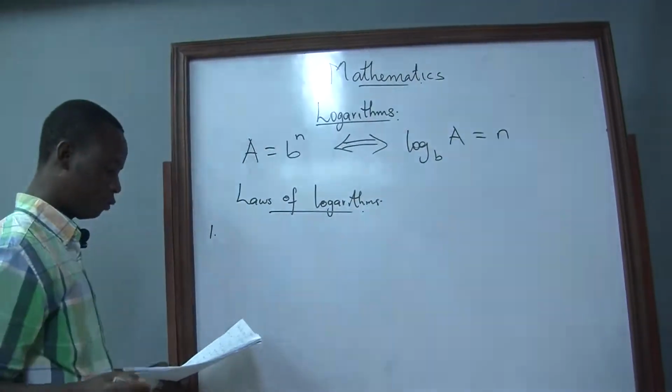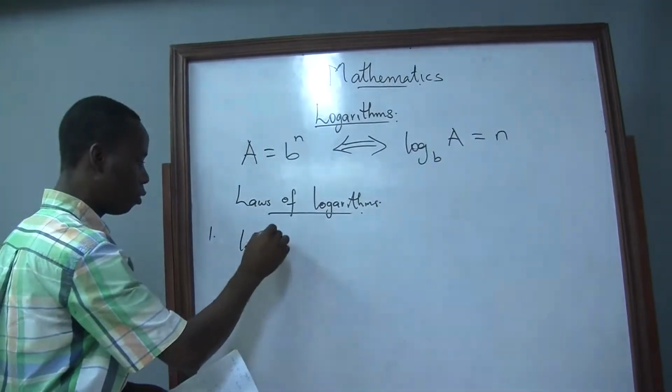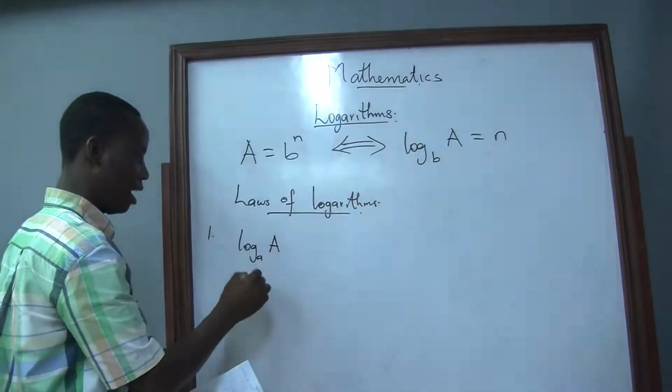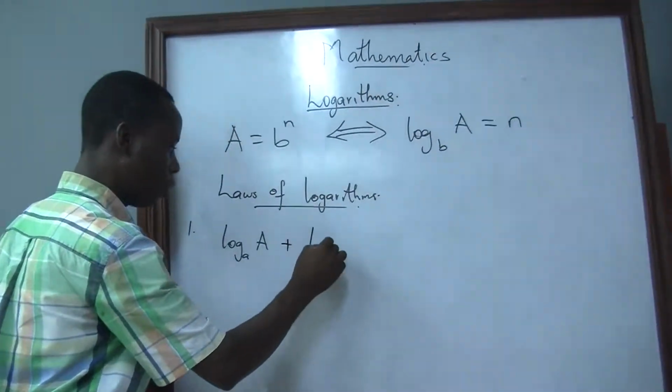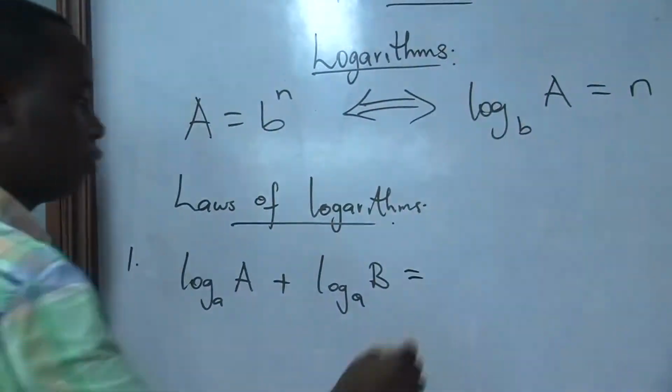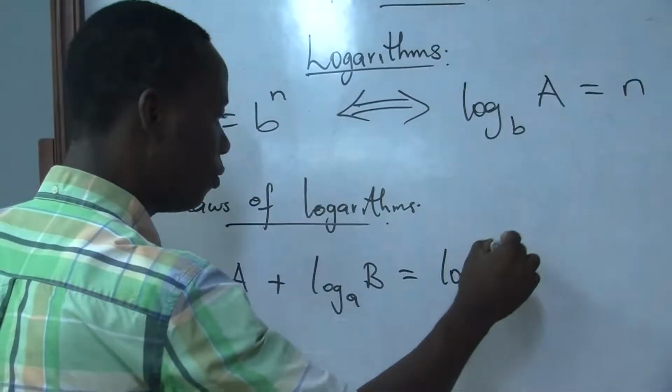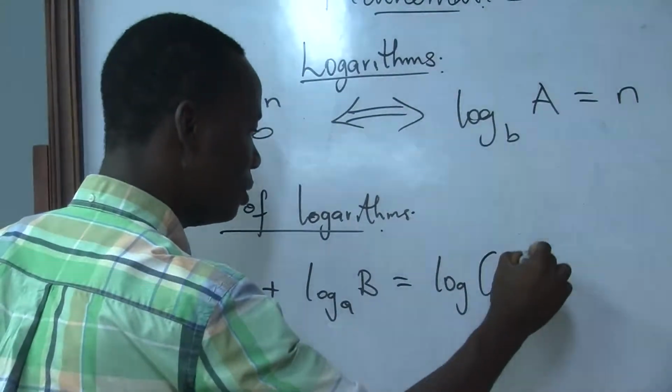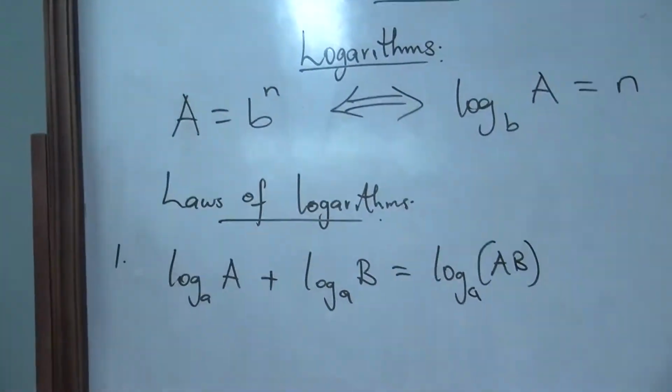Number one, the first one is saying when we have log of a in base a plus log of b in base a, the 2 equal log of a times b in base a.